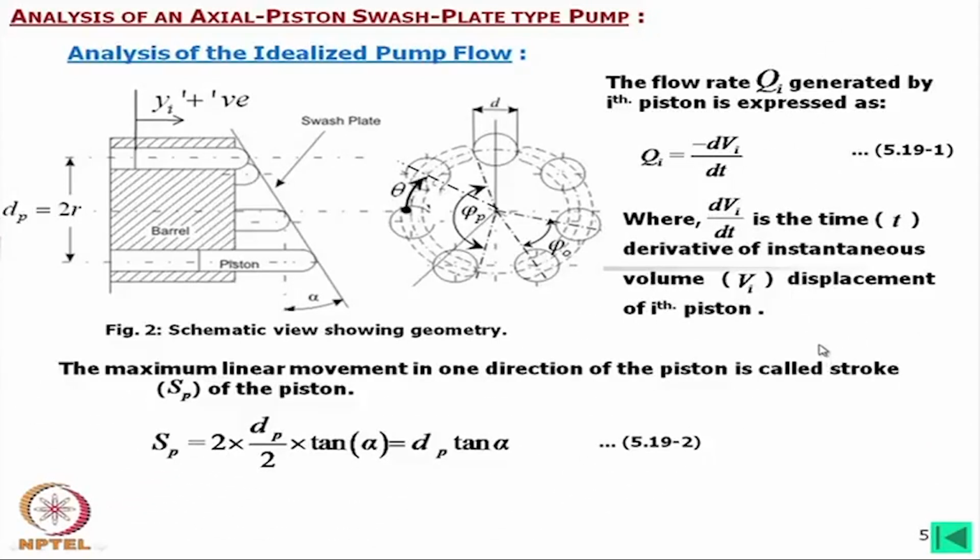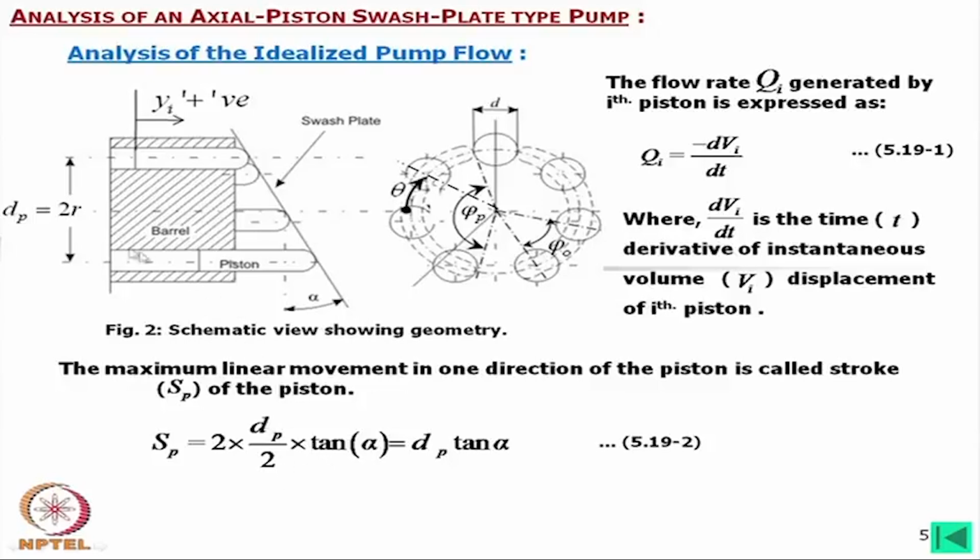Now, the maximum linear movement in one direction of the piston is called stroke. The stroke SP can be given by, if we consider the PCD on which the pistons are laid is dP, which is equal to twice R. The angle of inclination of this swash plate is alpha.